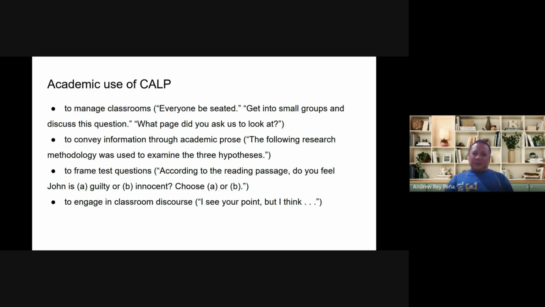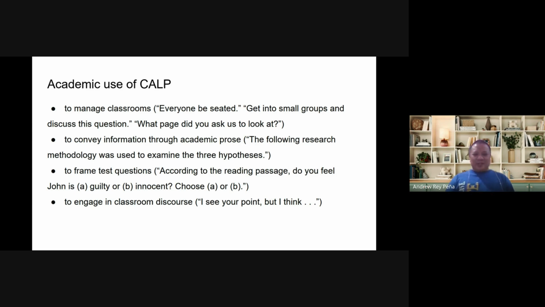So if you try to use CALP on the street, people will find you weird or maybe even pretentious. If you use BICS in the classroom, people would think you are uneducated or rude or simply unable to relate. So that's basic interpersonal communication skills, BICS, and cognitive academic language proficiency.